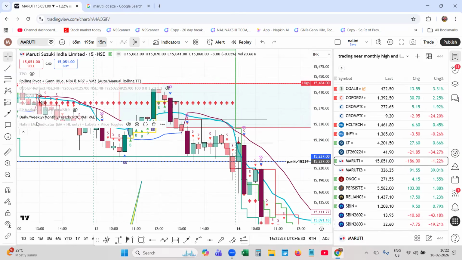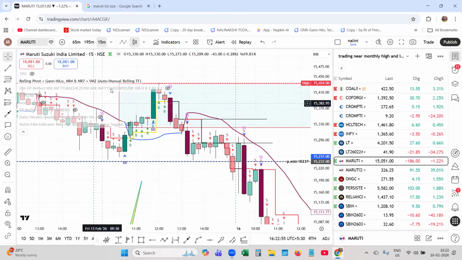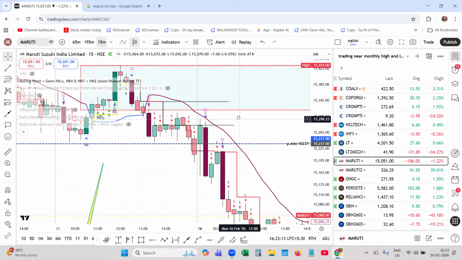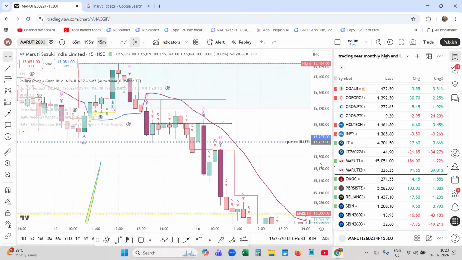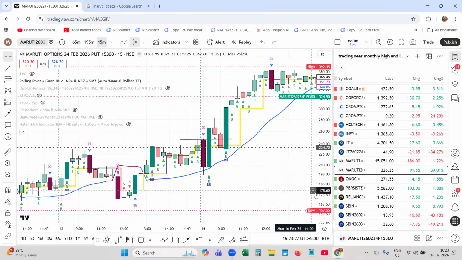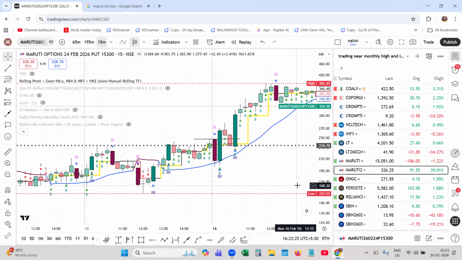And after that, the final confirmation, you can see the rolling pivot. The trend is down and the rolling pivot turned from green to red color because the market pulled up. So even though it pulled up, the trend is down. It is a confirmation. Then I selected the 15,300 put option, and overnight itself I had kept it in the market.